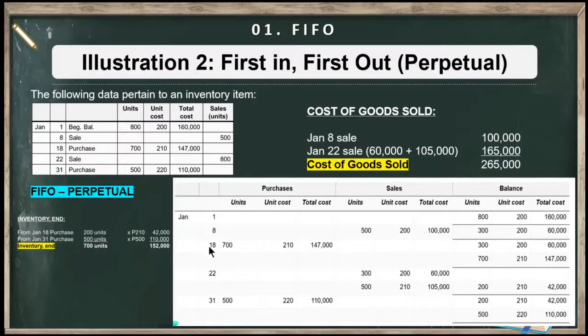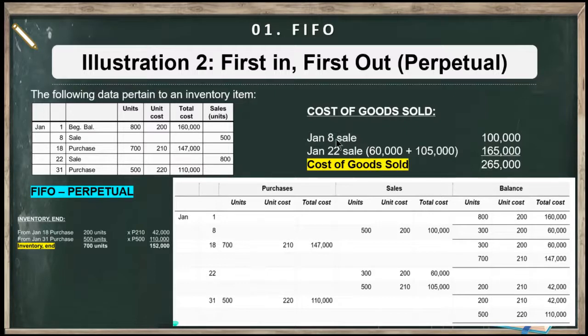So that would be still 152,000. Kani siya, i-add nimo silang duha. And our cost of goods sold, if you want to determine the cost of goods sold, pwede rin mo ni siyang simply total this column, 100 plus 60 plus 105.